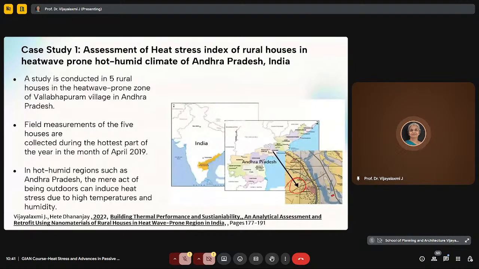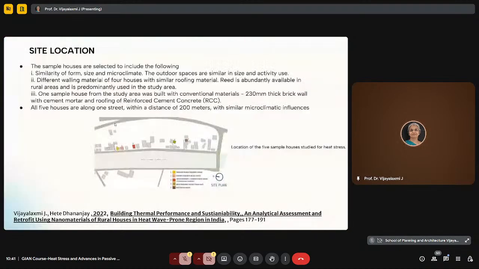In this study, we assessed the indoor WBGT for a moderate activity in these 5 rural houses. The sample houses are selected like this. The 5 houses are located in Vallabhapuram, a typical rural village about 25 to 30 kilometers away from Vijayawada.